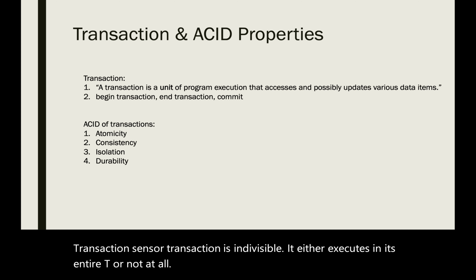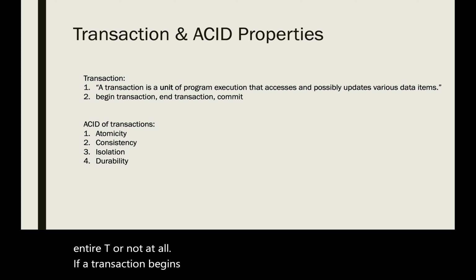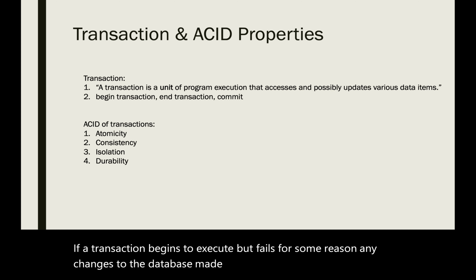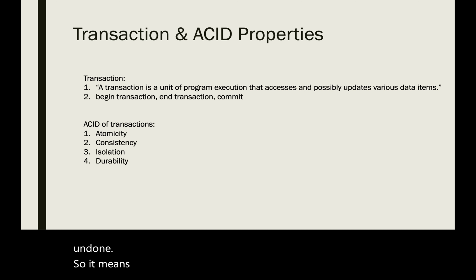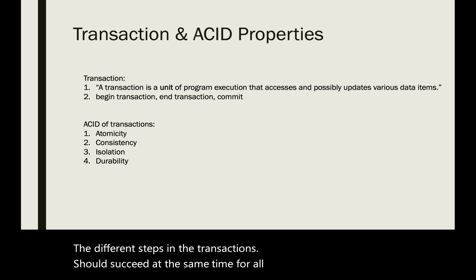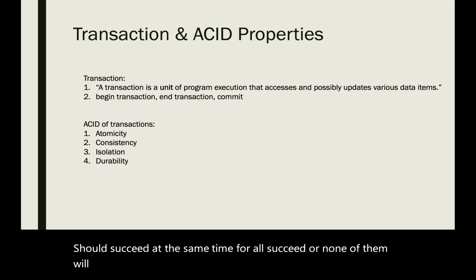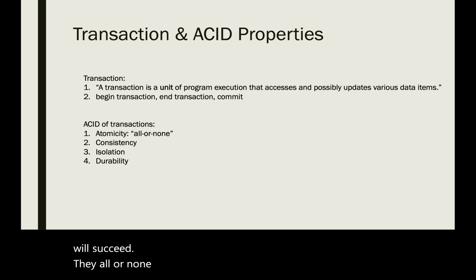If a transaction begins to execute but fails for some reason, any changes to the database made by the transaction should be undone. It means that the different steps in the transaction should all succeed or none of them will succeed. This all or none property is called atomicity.